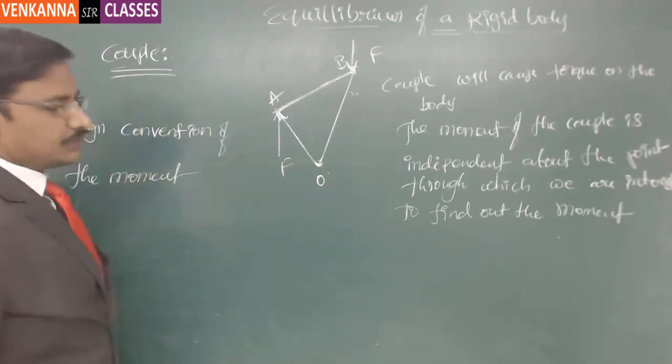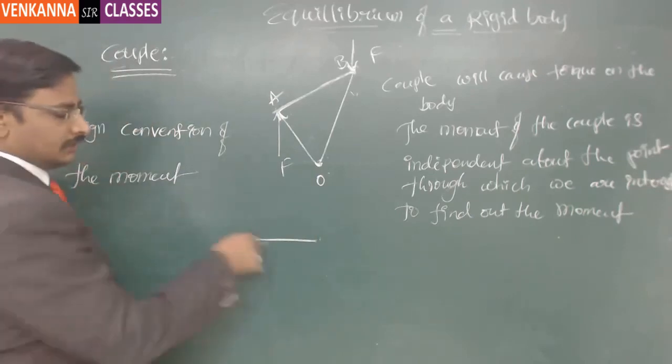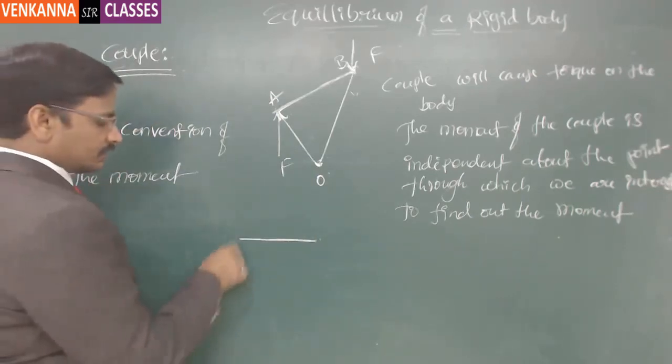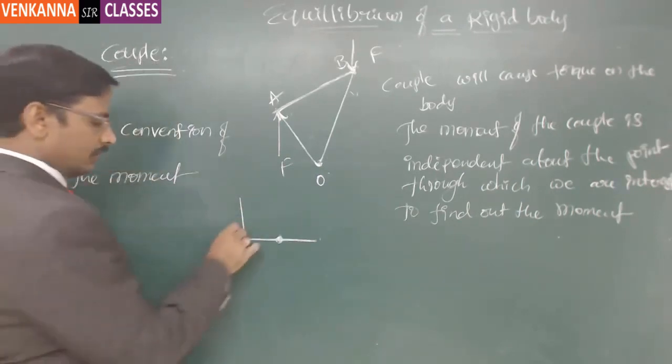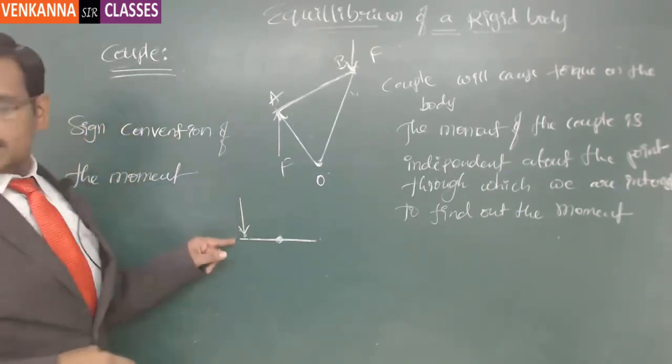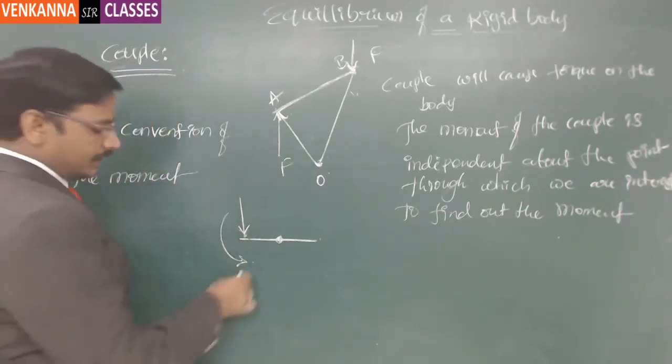This is very crucial. Suppose I have a body like this, I am holding it at this particular point, and I have applied a force at this location. This will cause an anti-clockwise movement.